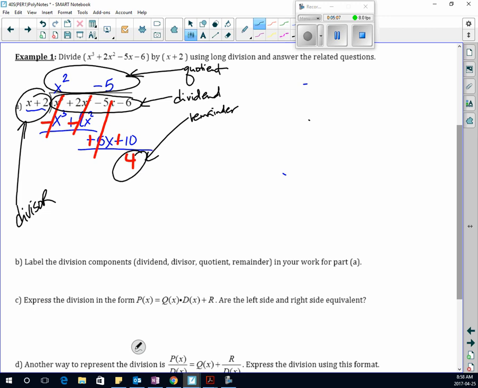So we are now going to express the division in the form of the polynomial is equal to the quotient times the divisor plus the remainder.